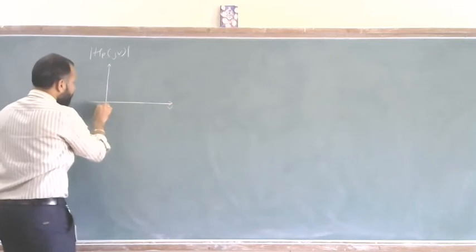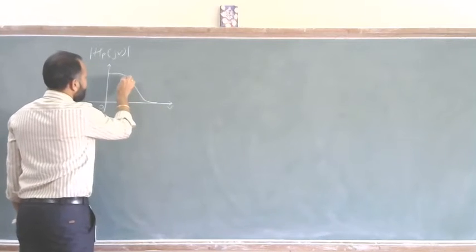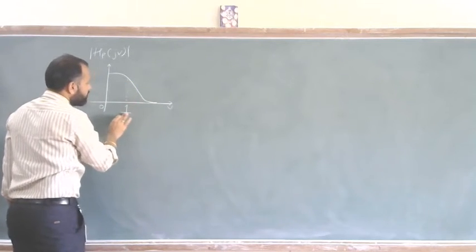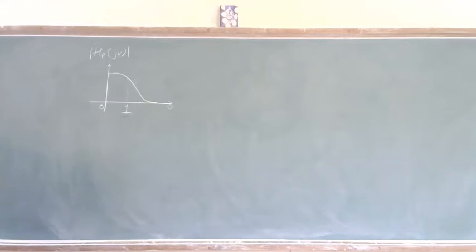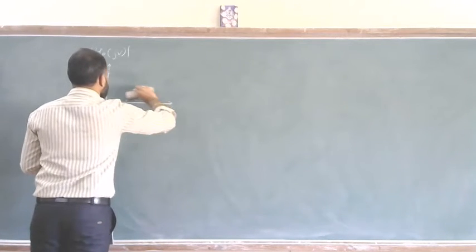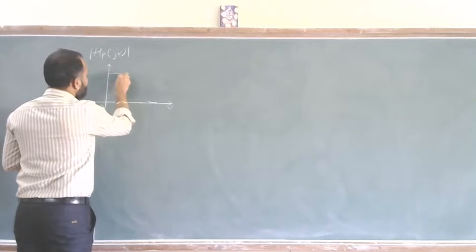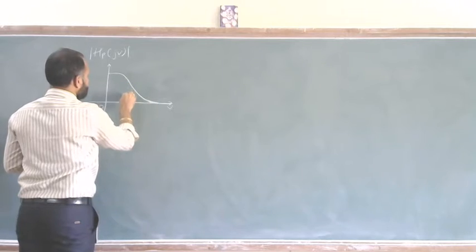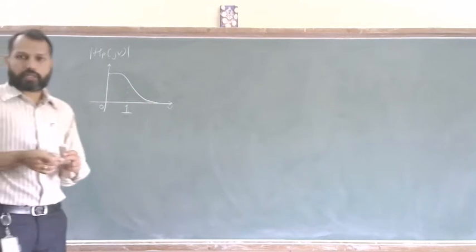With respect to V, we have the pass band, transition band, and stop band. And this is the cutoff frequency, 1 radian per second. Now it seems to be a low pass filter frequency response.